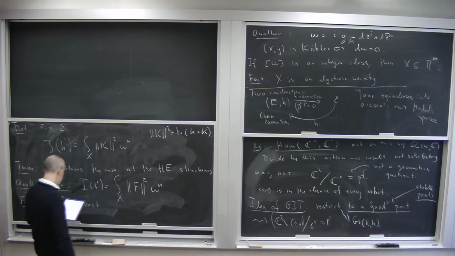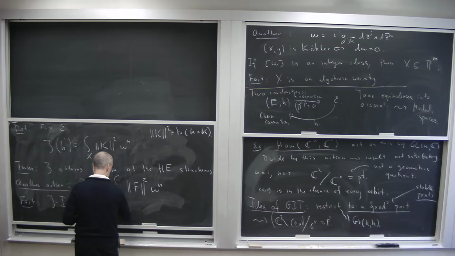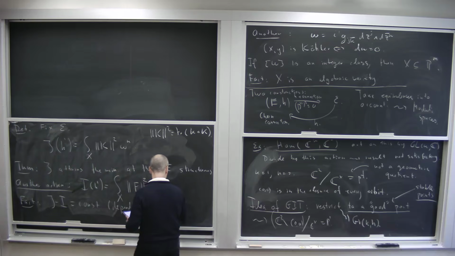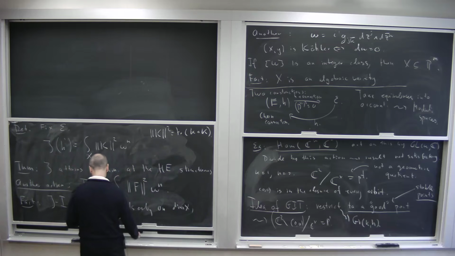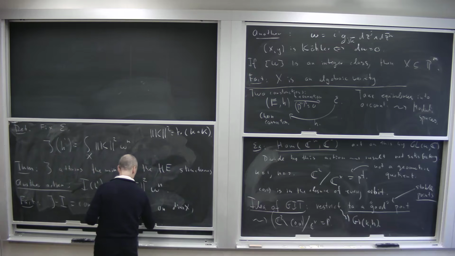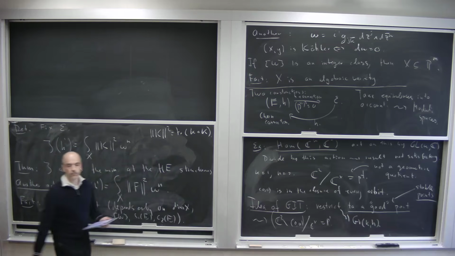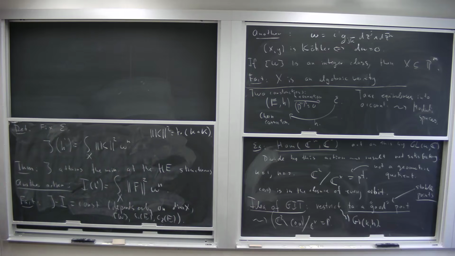And moreover, this constant depends only on the dimension of X, the class of the Kähler form, and c1 and c2 of E. So it doesn't even depend on the holomorphic structure that we have on the bundle.